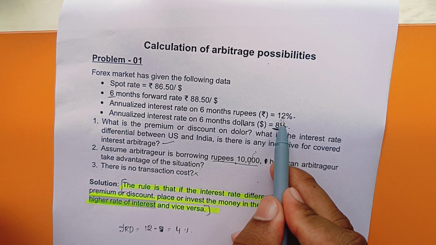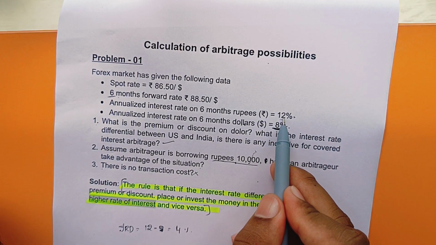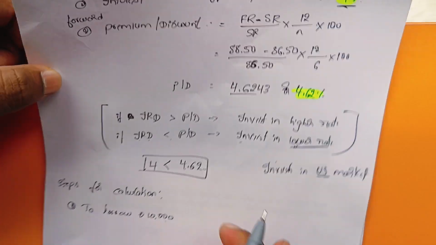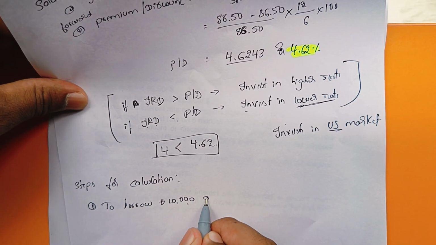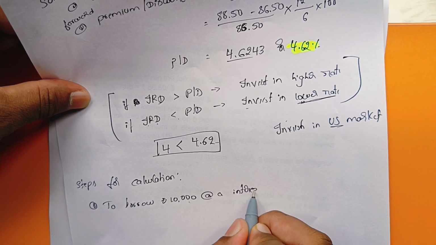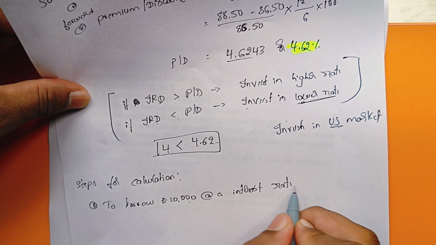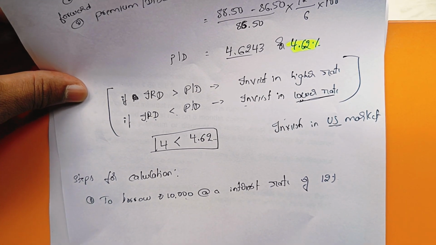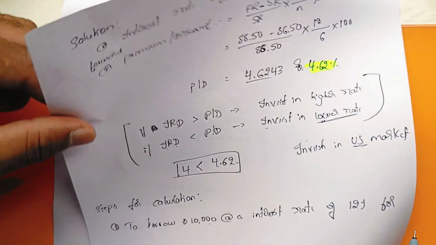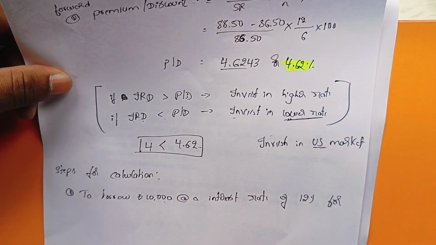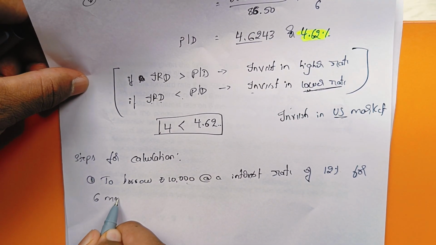If you want to borrow in the Indian market, the interest rate is 12%. He is taking 10,000, paying 12% of interest, to borrow rupees 10,000 at an interest rate of 12%, for 6 months.